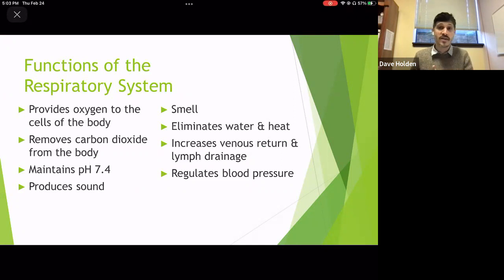So we're facilitating waste removal as well. The lungs also assist to maintain a consistent body pH, particularly in the blood. And that pH needs to be 7.4, which is just a shade on the alkaline side rather than the acidic side. The respiratory system also produces sound.